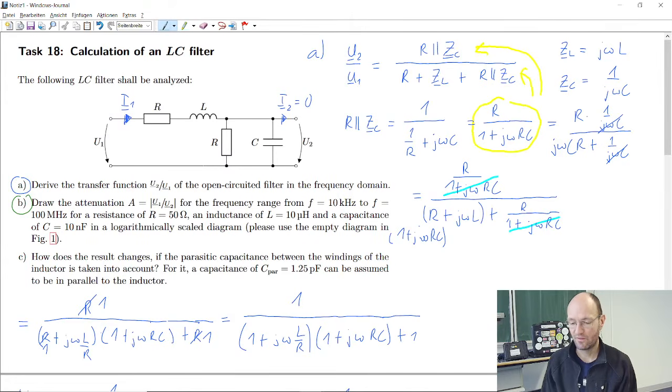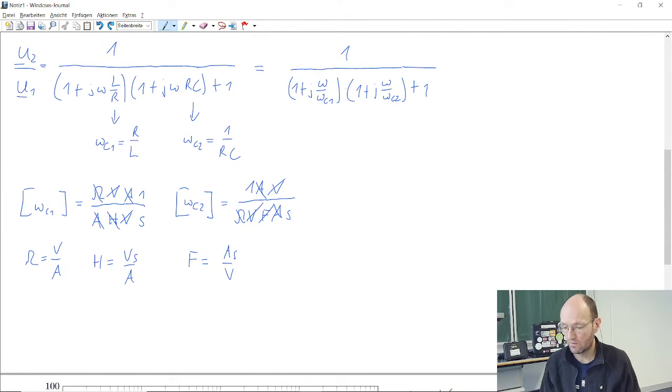And I mean, the first thing that we can maybe do is calculate these corner frequencies. So we have some resistance here and some inductance. From these 2 values, 50 ohm and 10 microhenry, we can calculate this first corner frequency. So omega C1 is 50 ohm divided by 10 microhenry.